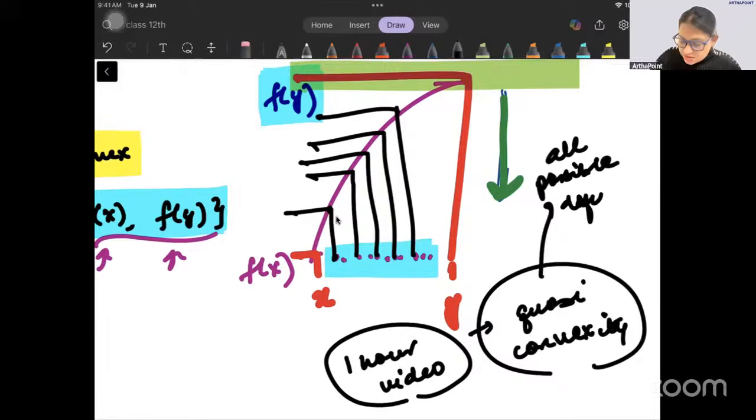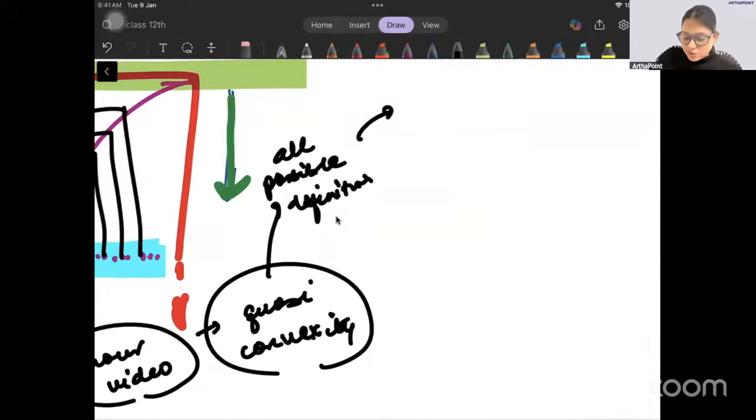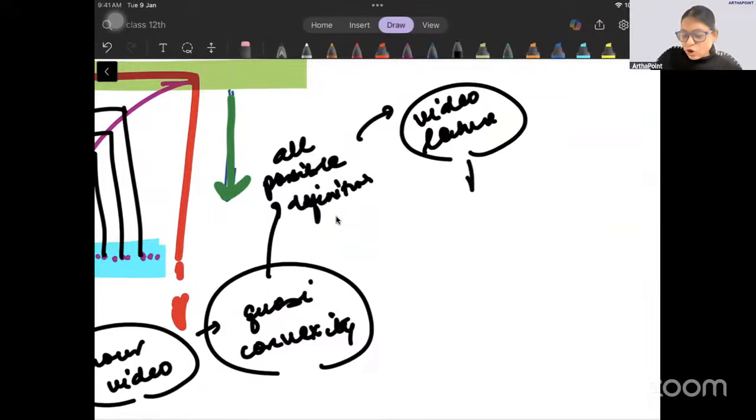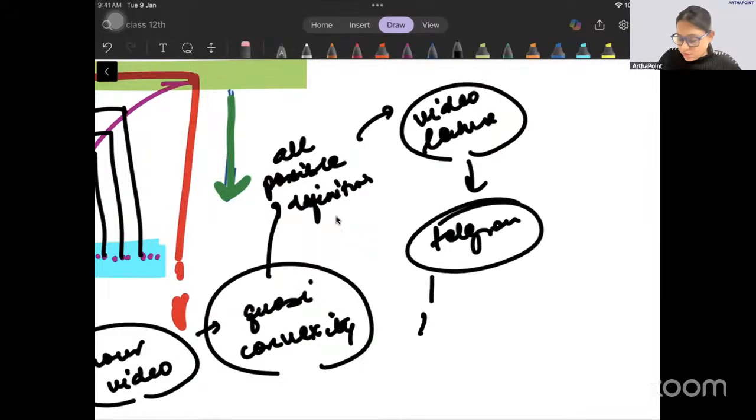Today itself, it is homework for all of you. If you have not had a look at it, please look at that video lecture. And if you're not able to locate it, post it in the Telegram group today itself. It's homework for today. But I want you to be very aware of all possible definitions of quasi-concavity and quasi-convexity, right?